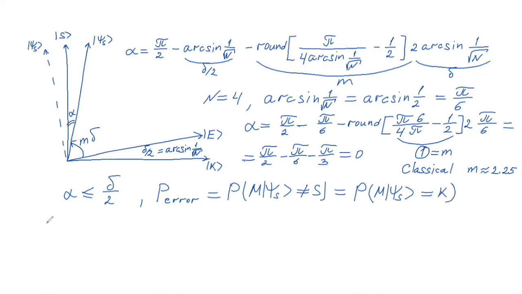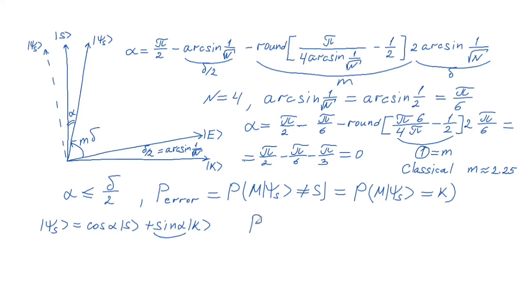But we know that psi s is equal to cosine alpha s plus sine alpha k, and therefore the probability of getting k is just sine squared alpha.